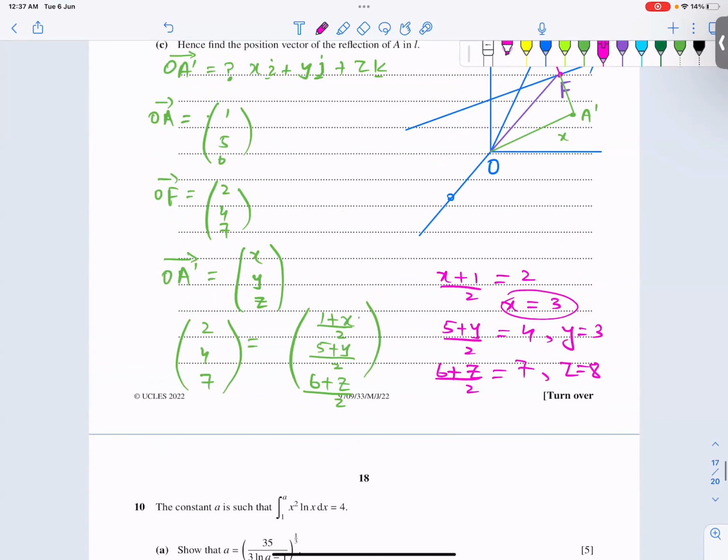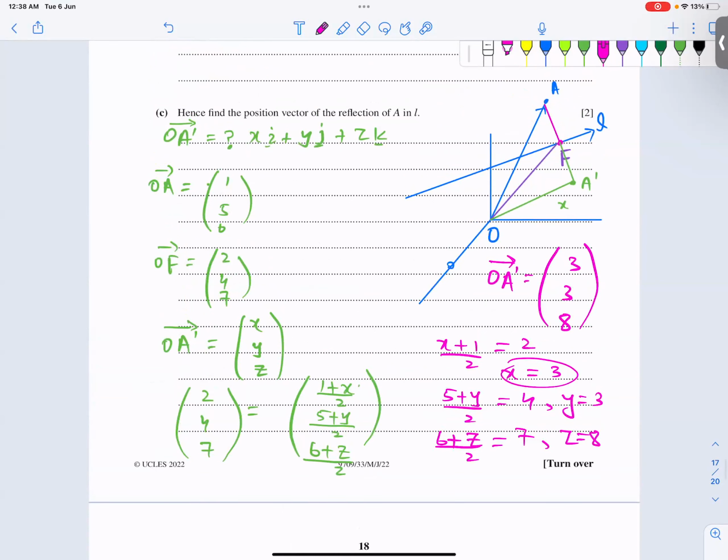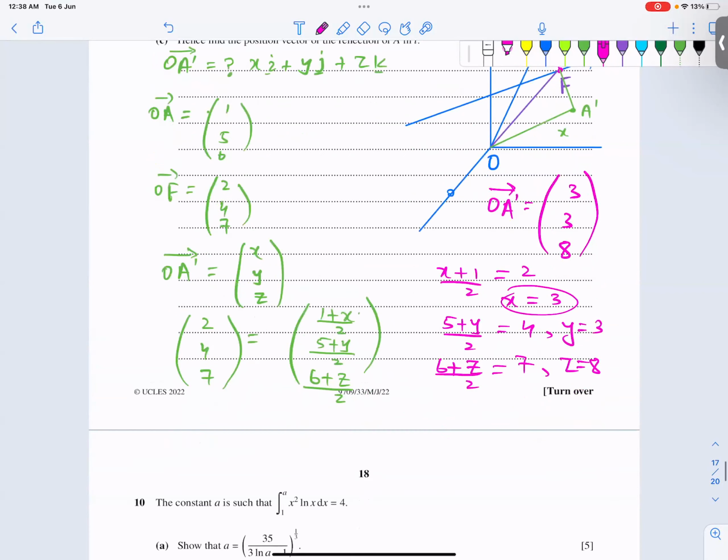So OA prime will be 3, 3, and 8. So this is the reflection of A in the line L, whose position vector is 3, 3, and 8. Let's move to the next question.